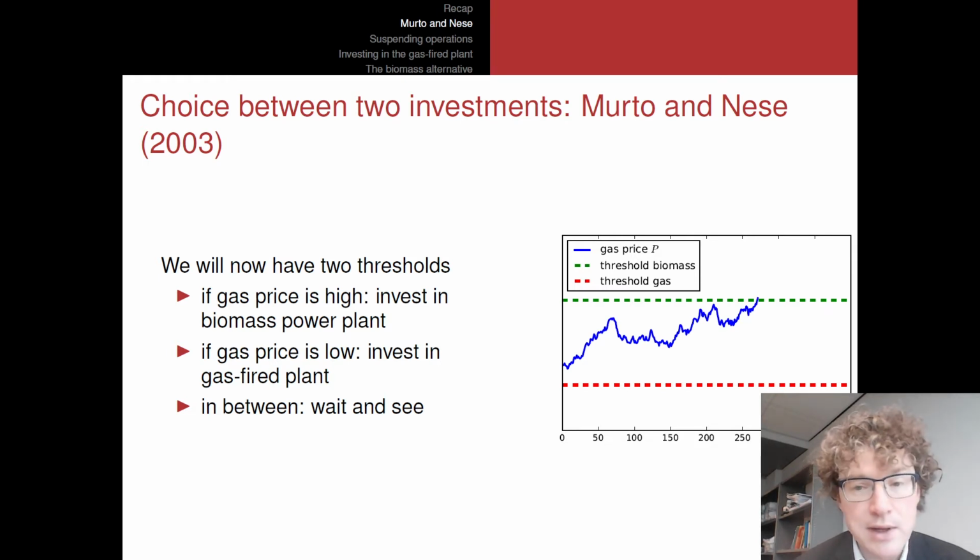And of course, the goal of the whole analysis is to figure out what those two thresholds are. How high is the green threshold for investing in the biomass alternative, versus how low should gas prices go before we make the investment in the gas-fired plant?